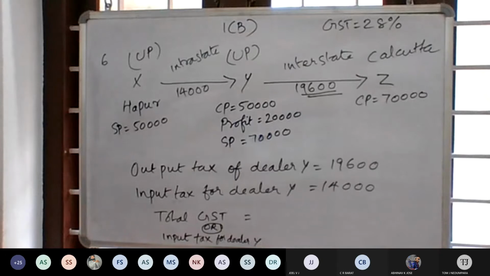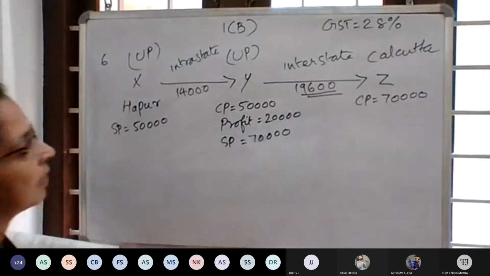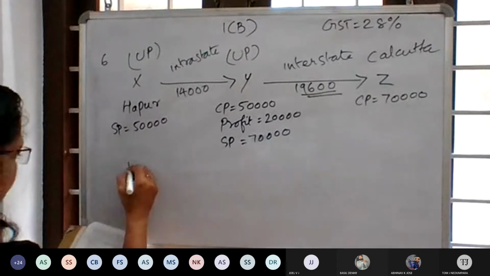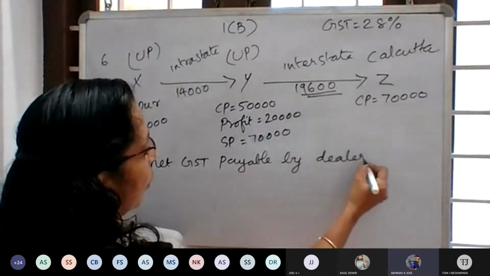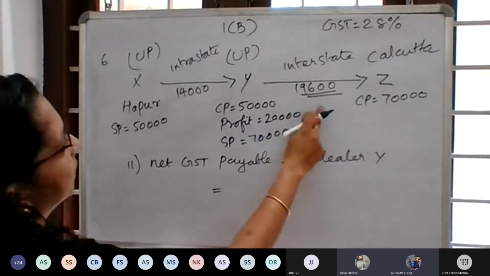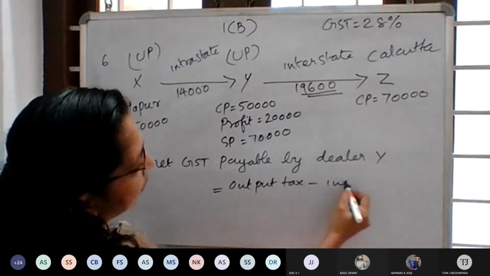The next one. Net GST payable by dealer Y is equal to output tax minus input tax.